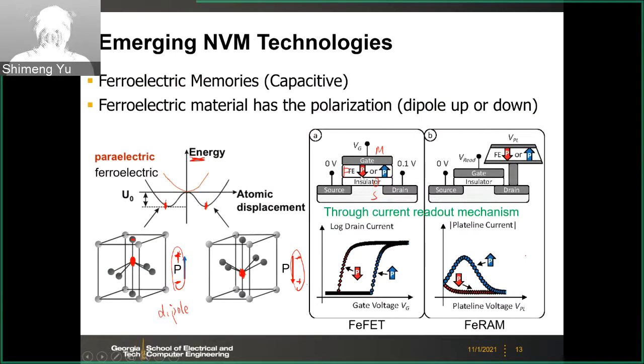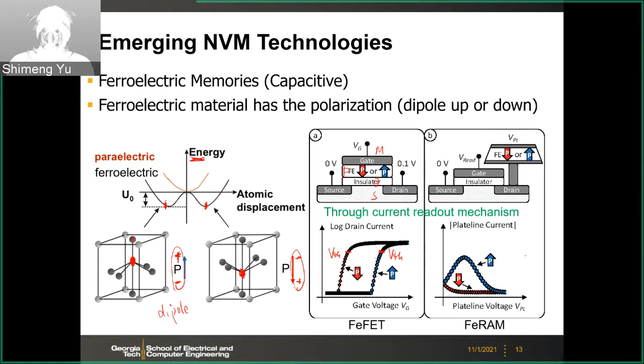So if the dipole is pointing down, then when you read out the drain current, you will have a low threshold voltage. This one, the threshold voltage will be low. And if you have the dipole pointing up, then you will have the threshold voltage high. So this IV configuration is very similar to the flash memory.